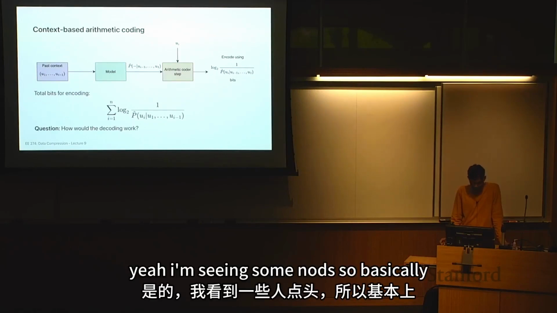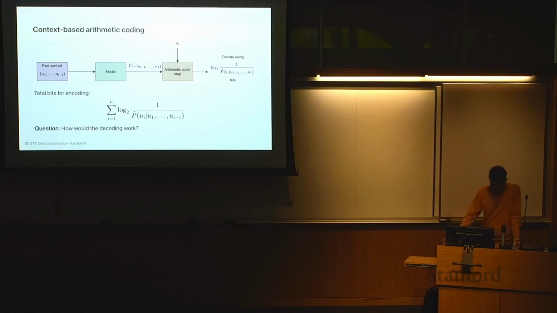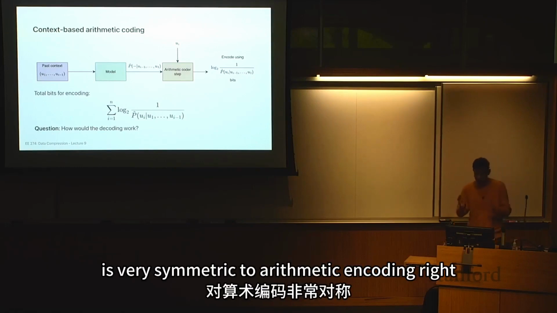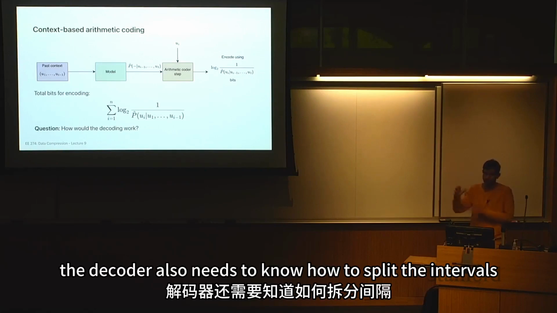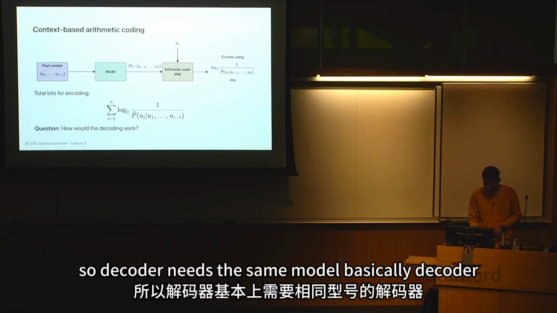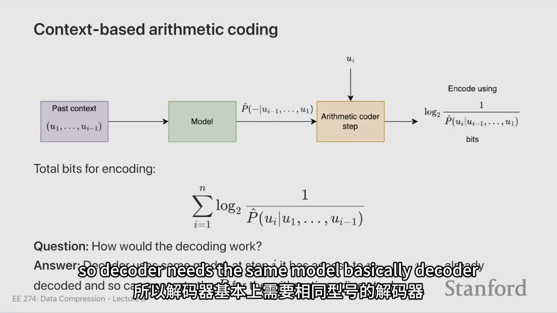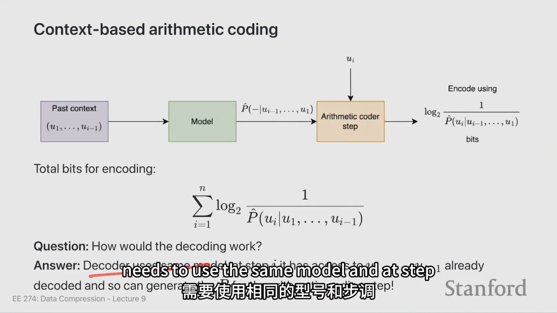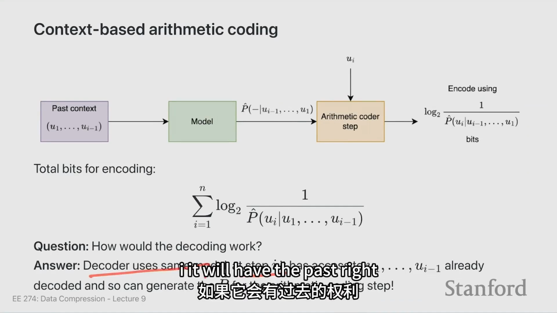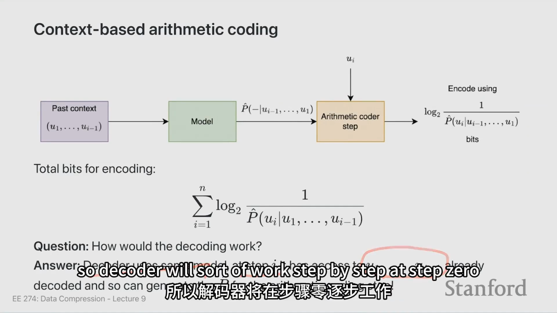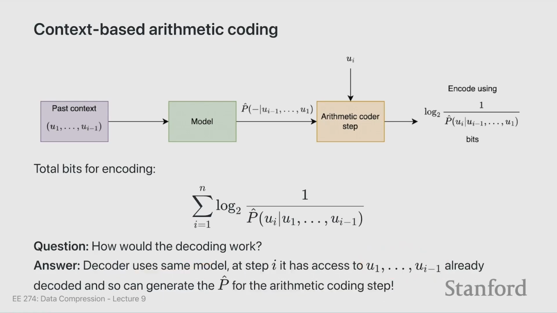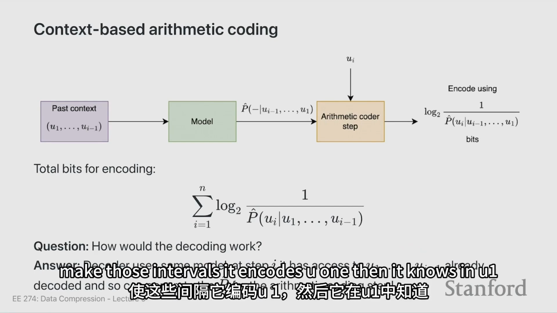Yeah, I'm seeing some nods. So basically, you remember that arithmetic decoding is very symmetric to arithmetic encoding, right? The decoder also needs to know how to split the intervals. So the decoder needs to use the same model, and at step i, it will have the past. The decoder will work step by step. At step 0, it has nothing, but it has the model, so it's able to make those intervals.